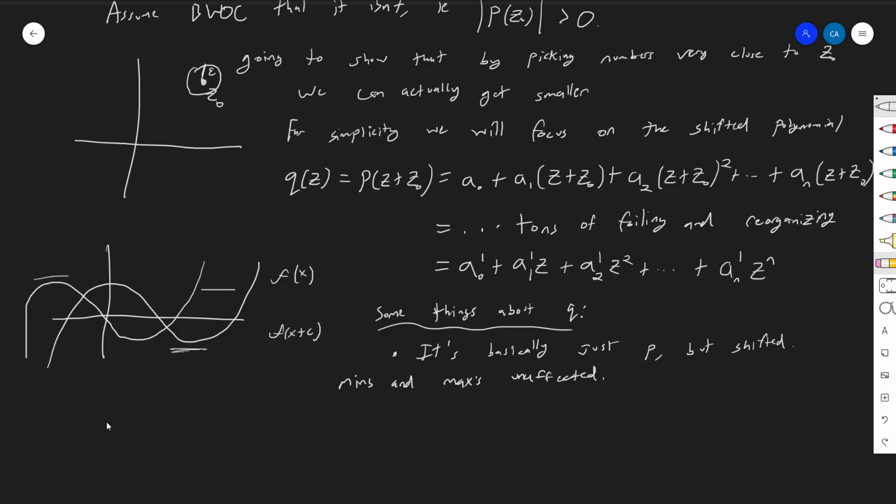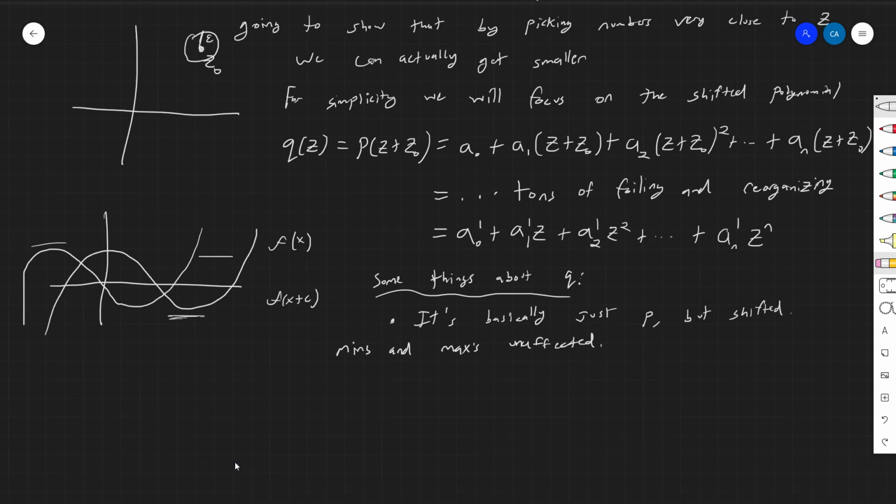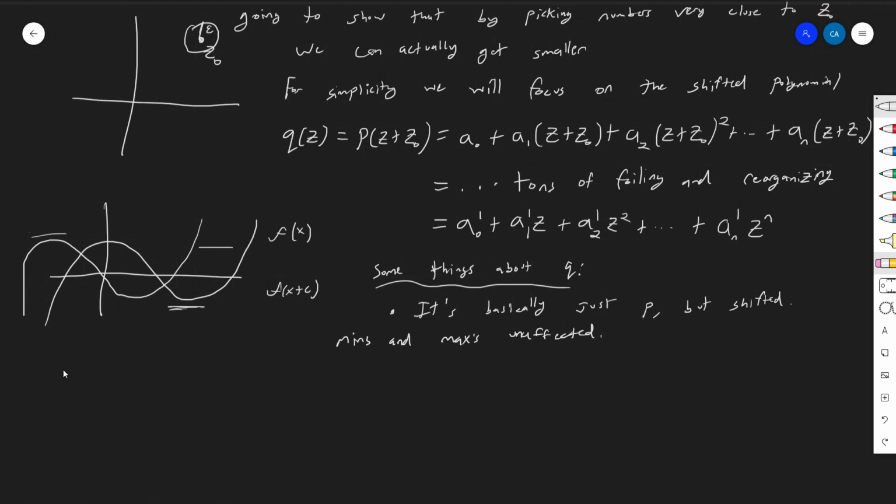So what that means is that, because of that, the magnitude of P of Z0 is still the global minimum for Q. And specifically, we can do something kind of cheeky, because we can note that the magnitude of P of Z0, well, how do I write that in terms of Q?